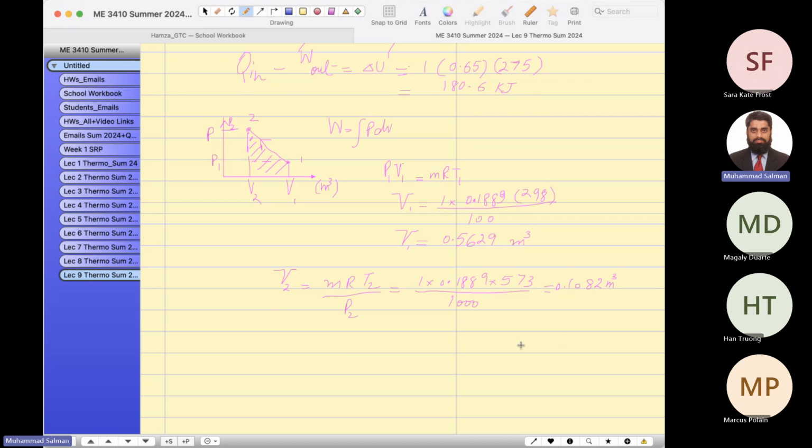So these are the two volumes. We know this volume is given, and now we have calculated this volume. P1 is given, which is 100 kilopascal. So it's like a trapezoid. Area of the trapezoid would be the boundary work done. So I would say P1 plus P2 over 2 times final minus initial volume.